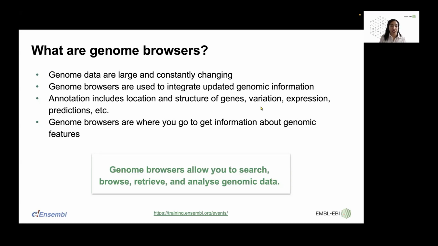It shows annotation information. So for example, any genes, variants, any motifs that are mapped onto the genome. And you can use genome browsers to get general information about any genomic feature. So genome browsers allow you to search, browse, retrieve, and analyze genomic data.